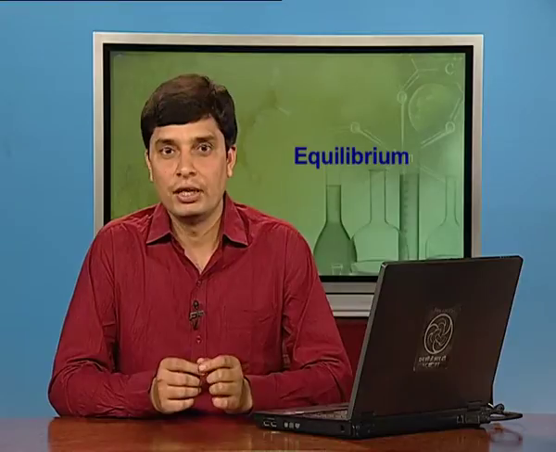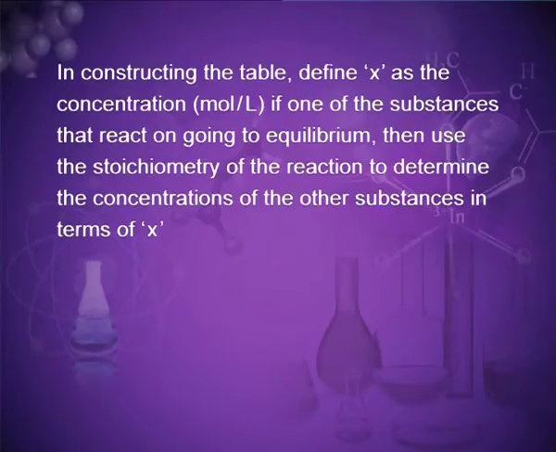In constructing the table, define X as the concentration in mole per liter of one of the substances that reacts on going to equilibrium, then use the stoichiometry of the reaction to determine the concentrations of the other substances in terms of X.